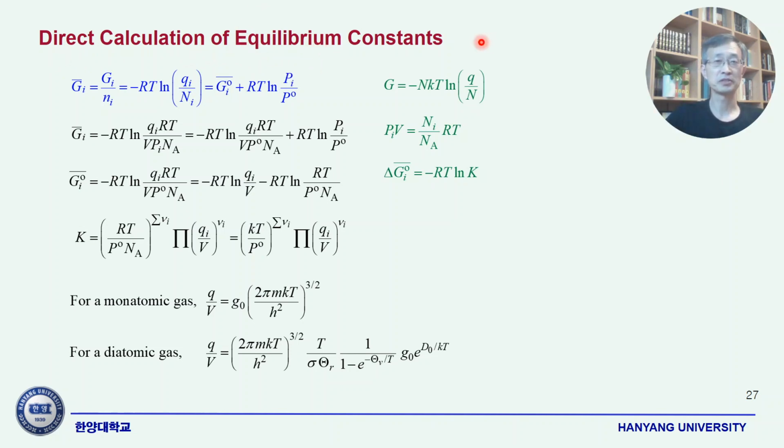So, the equilibrium constant. We are going to calculate the equilibrium constant. The example here is a monoatomic gas and a diatomic gas, the decomposition of a diatomic molecule into atoms. Of course, this is a very simple reaction, but you can apply this to any complex chemical reaction.